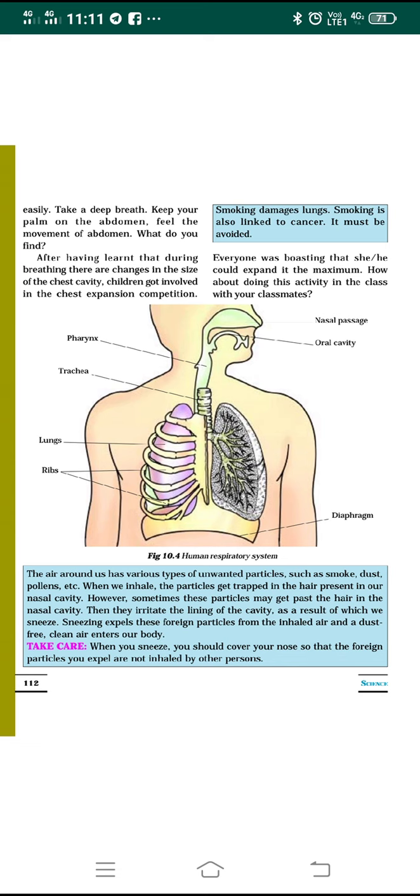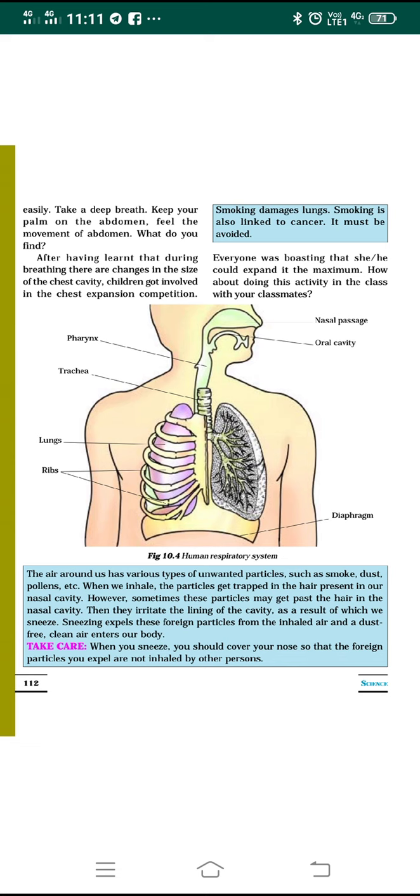As a result, we sneeze immediately. The unwanted particles get stuck in the hairs of our nasal cavity, and so we sneeze. Sneezing is the process through which we expel the foreign particles from the inhaled air present inside the nasal cavity.